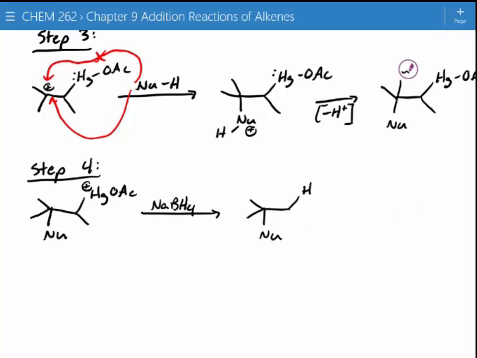There we go. So the last step is reduction of that mercury and installation of a new hydrogen on there. So now we've got a nucleophile added to one side of the double bond, a hydrogen added to the other side. The nice thing about this reaction is that there are no rearrangements.